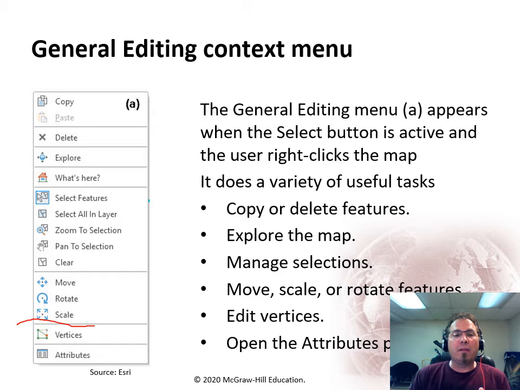The whole point is to start adding or modifying your features on your map. So it's semi-useful, but if you know you're going to edit, you're going to use the editing tools right from the get-go. You may not even need this context menu.